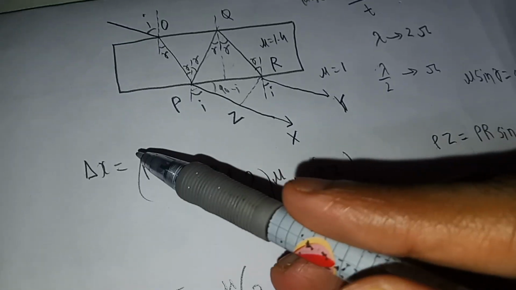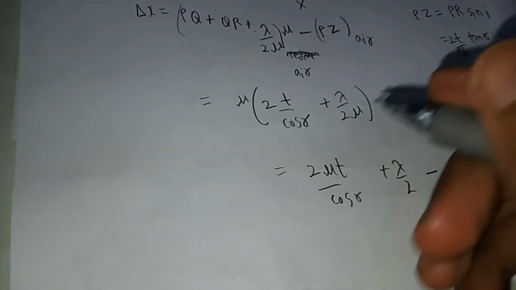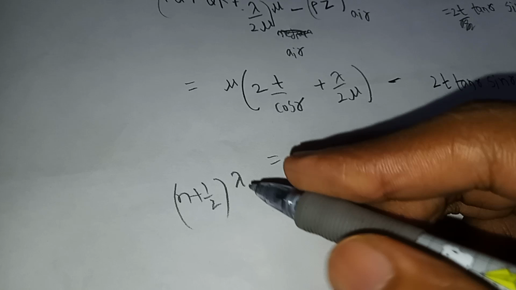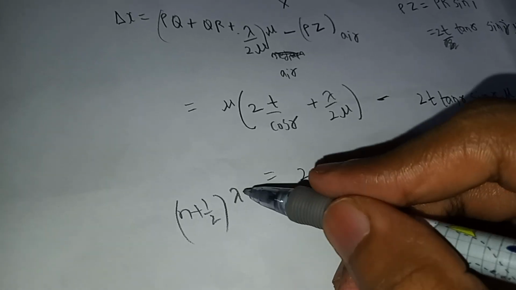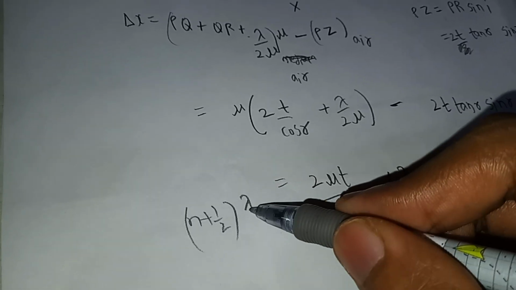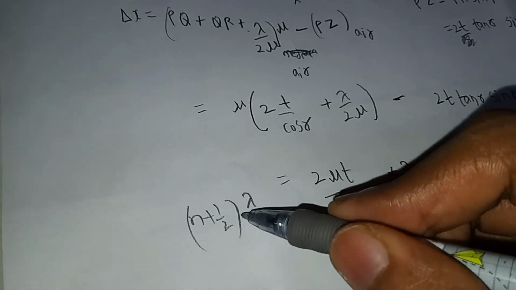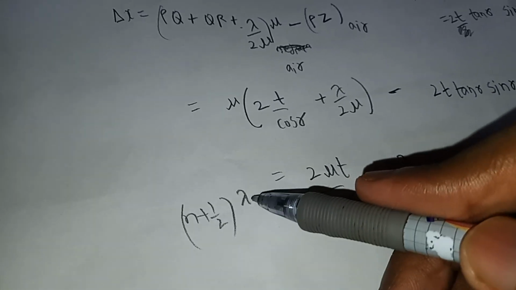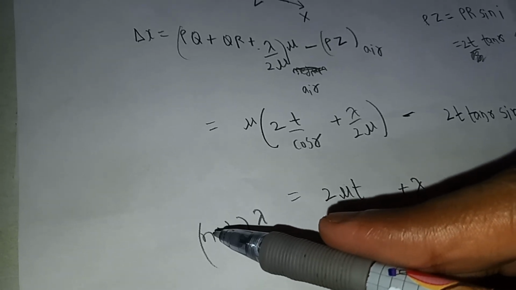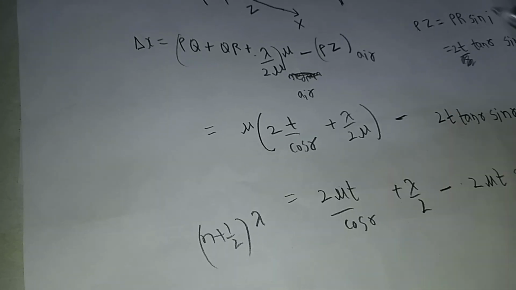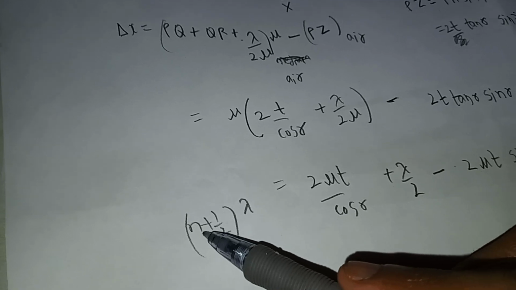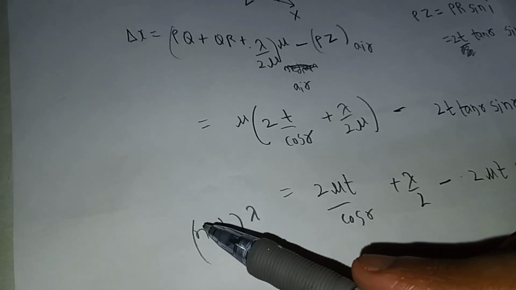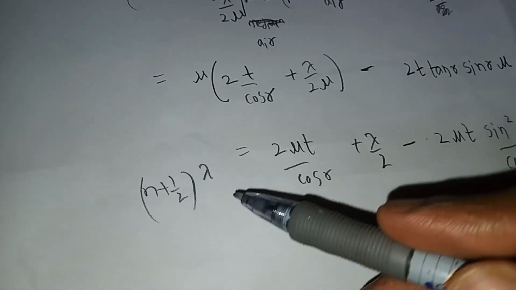Now here the path difference should be n plus half lambda because it is destructive interference. They said that we shouldn't be able to see the light. So for destructive interference, this is the formula for delta x. It depends, n plus or minus half lambda, depending on whether n is a natural or whole number. So here in my case n belongs to whole numbers, that is n starts from 0. So this is my formula.